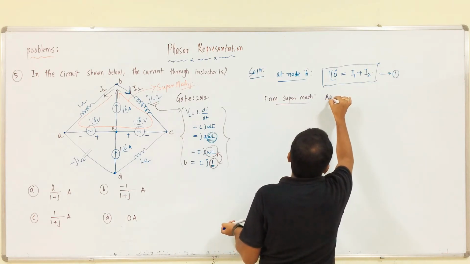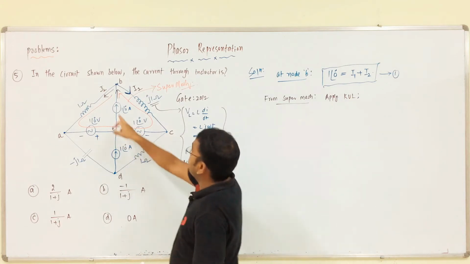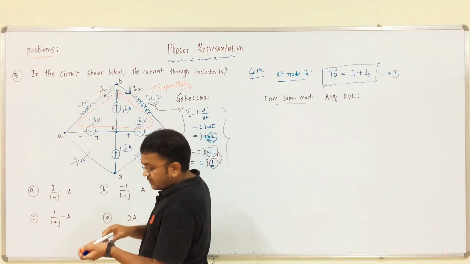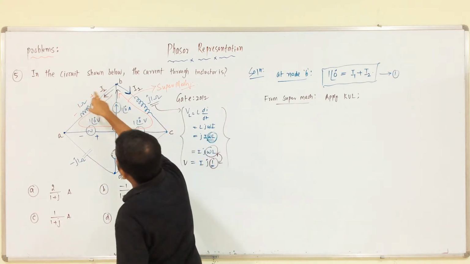Then from the super mesh, apply KVL. The current through this branch is I2 into 1.